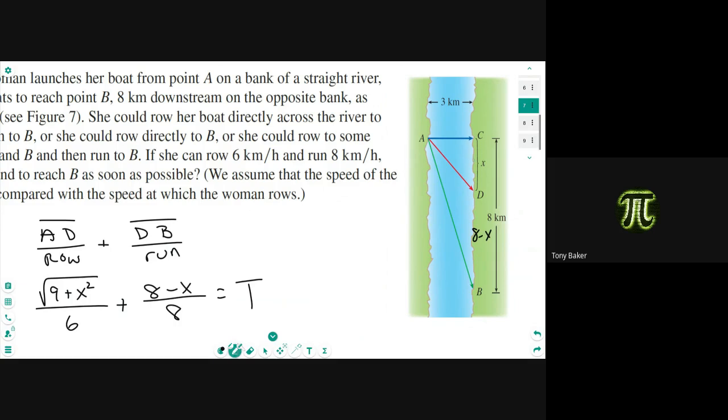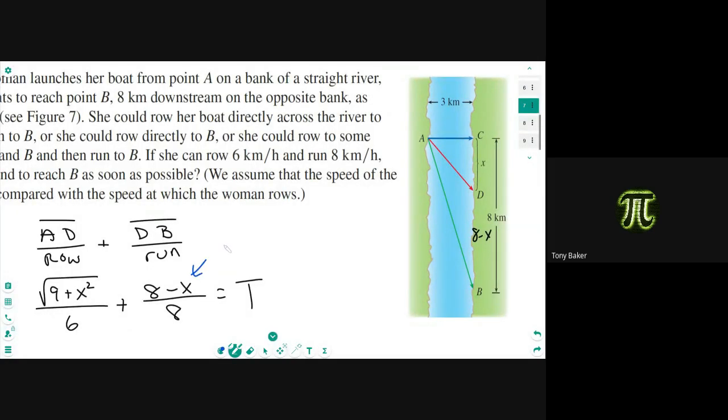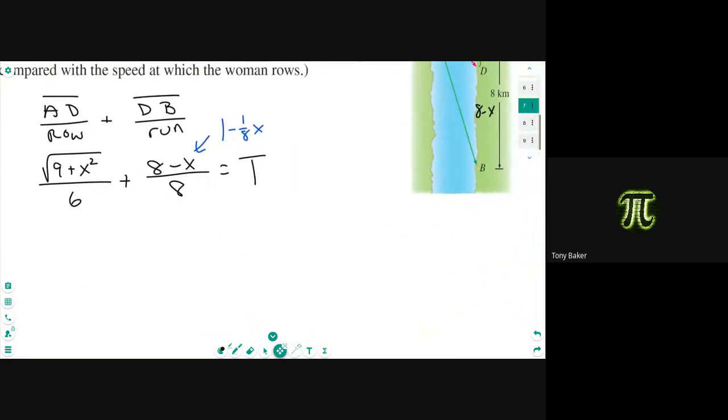The only thing I might do, just to make my life a little bit easier, I might change that to 1 minus 1/8 x. And that's only to make the derivative a little cleaner, so I don't have to do as much work with it. All right, find my derivative.